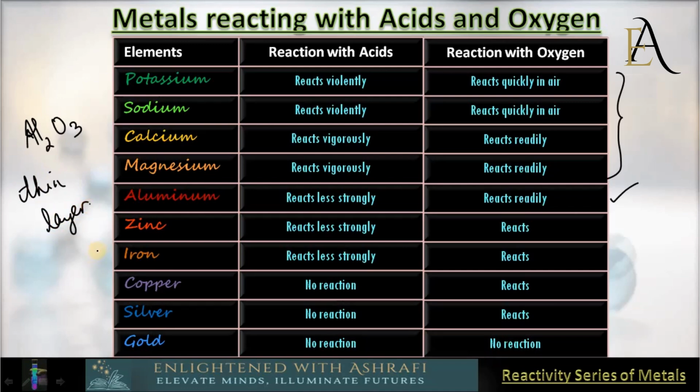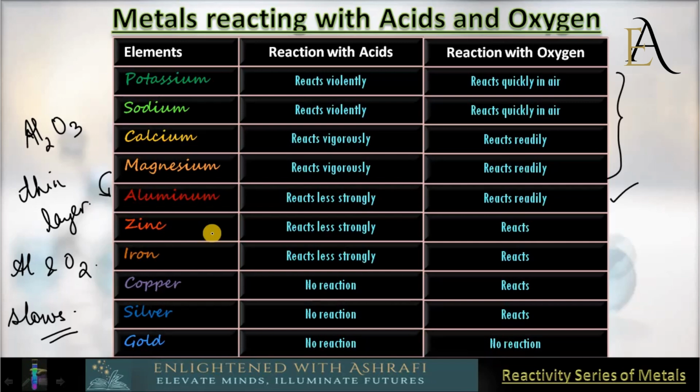This thin layer stops the reaction between aluminium and oxygen. Due to this, the reaction slows down, and so it is placed below magnesium. So this is how we have to consider things when we are talking about the reactivity series.